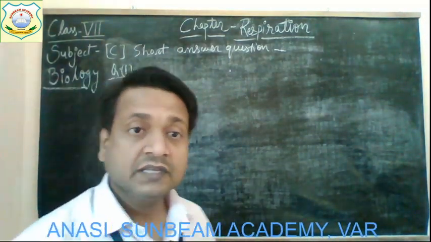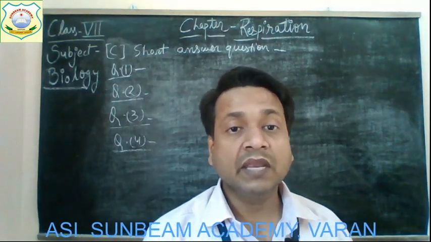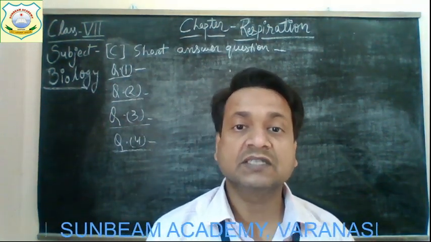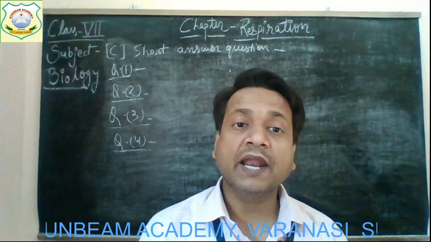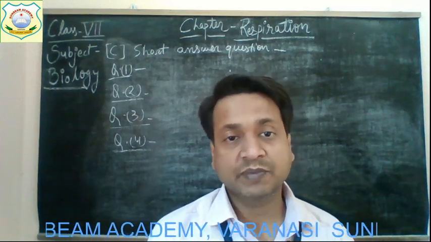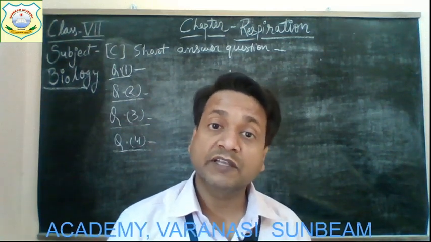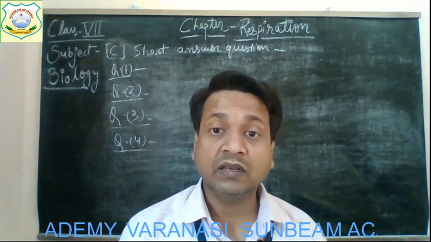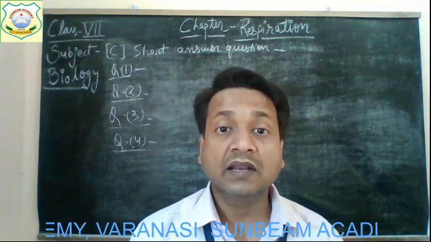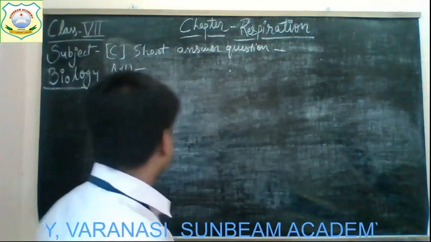Okay, now the question number 4. And the question is, what are the main organs of the respiratory system? Children, here you have to write down only the names of the organs. Get it? So the main organs of the respiratory system in human beings are, the first one, nostrils.